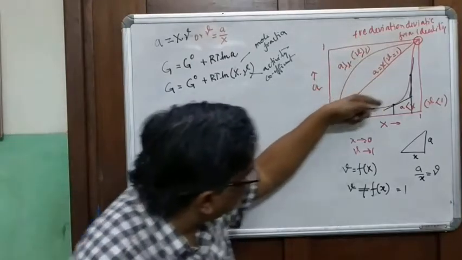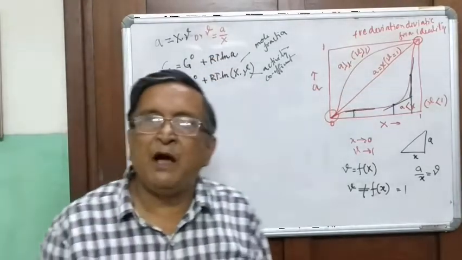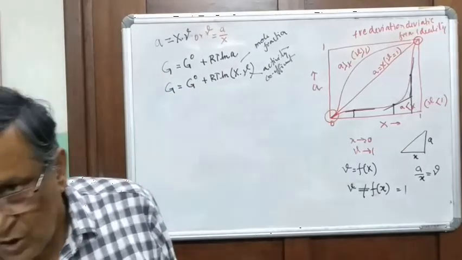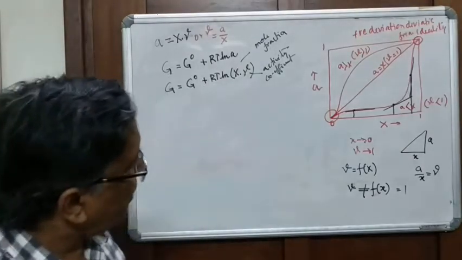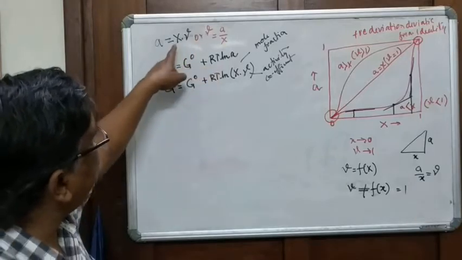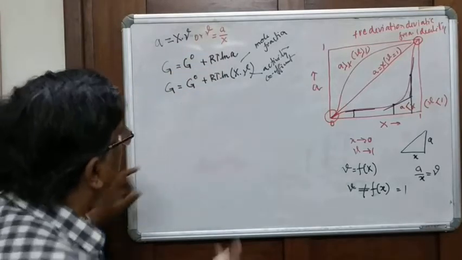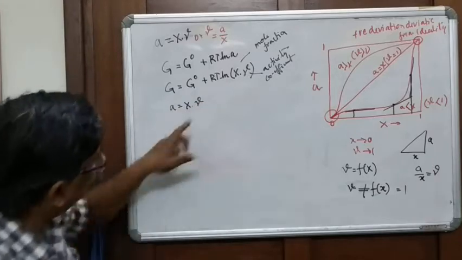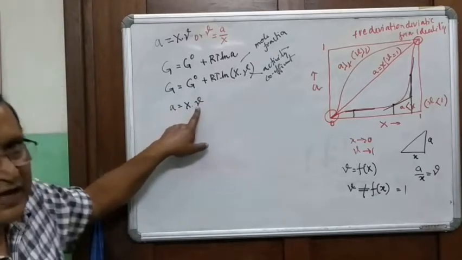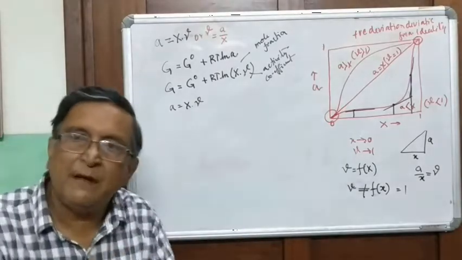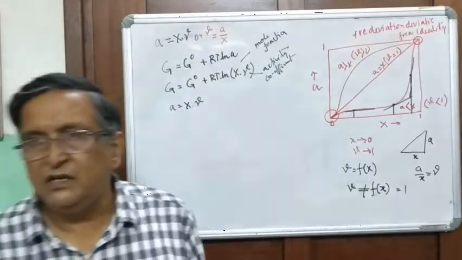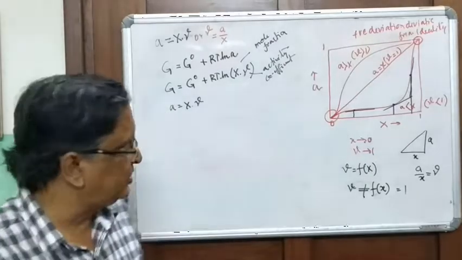But for a non-ideal solution, the gamma becomes a function of composition. So the activity term is A equal to X times gamma. If the gamma term is also a function of X, then it becomes a very complex function. The activity becomes a very complex function.